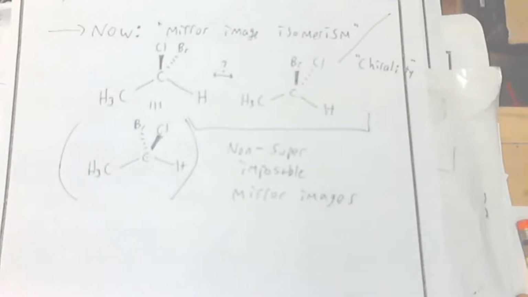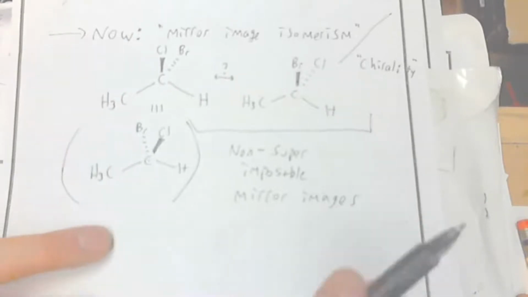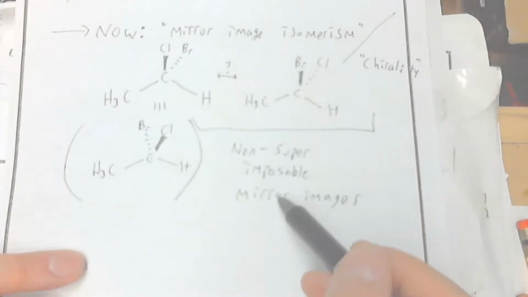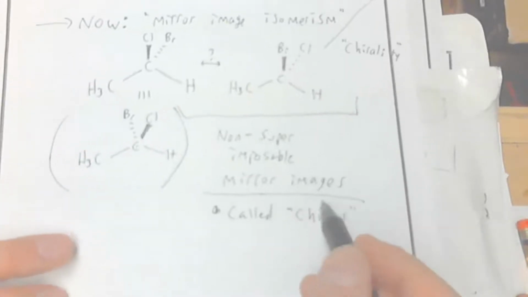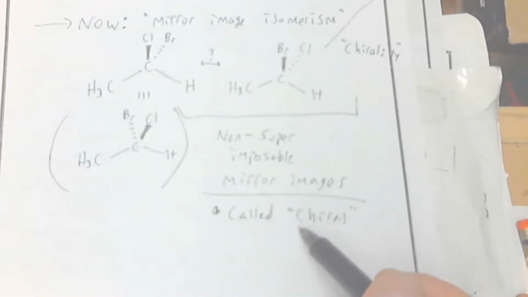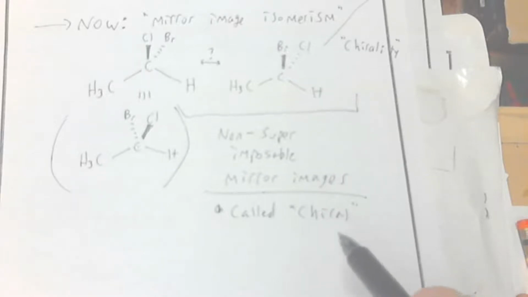Also, any molecule that has a non-superimposable mirror image, these are a great example of that, is called chiral. Does anybody know what the opposite of chiral is?